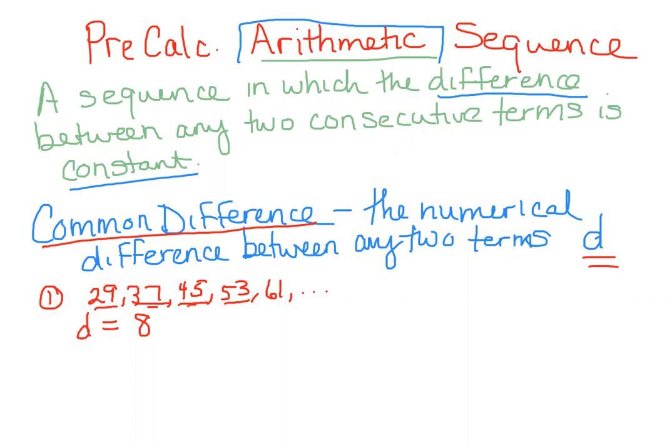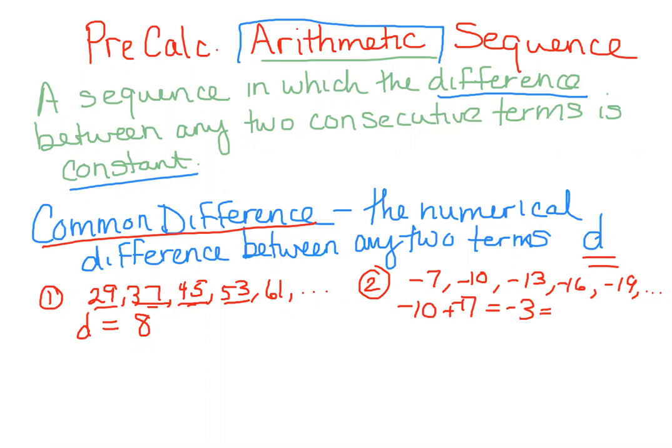So for number 2, we've got -7, -10, -13, -16, -19. If we take -10 minus -7, that gives us -3, which is our D for this one. And number 3, we have 25, 11, -3, -17.